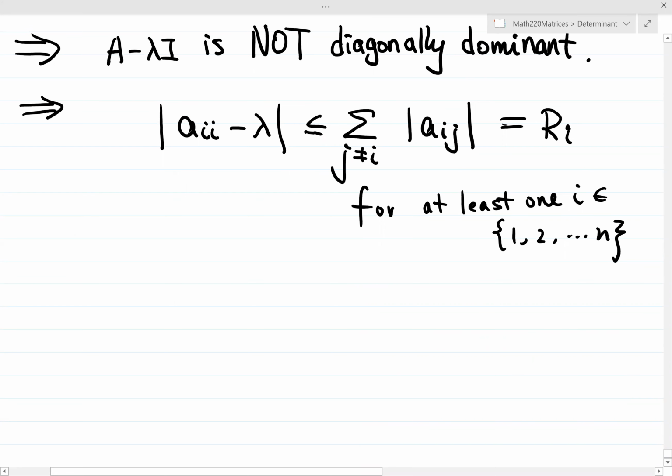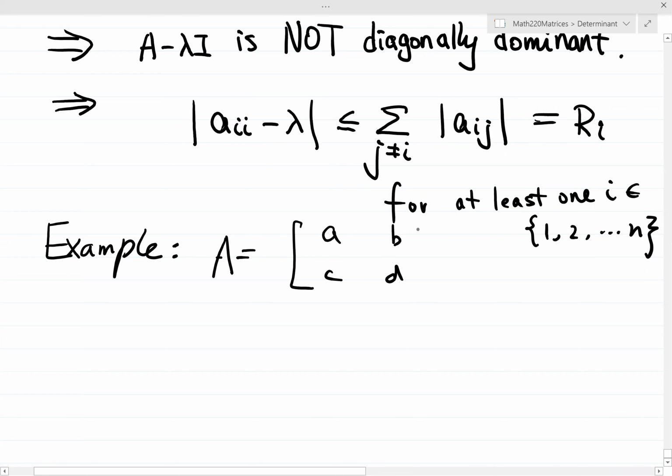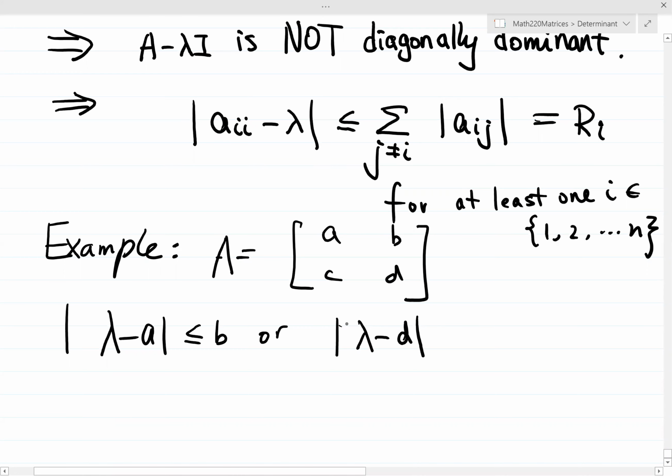Okay, some example. Let A be, for instance, the matrix with entries a, b, c, d. Then lambda should satisfy |lambda minus a| less than or equal to b, or, for the second diagonal entry, i equal to 2, |lambda minus d| less than or equal to c.